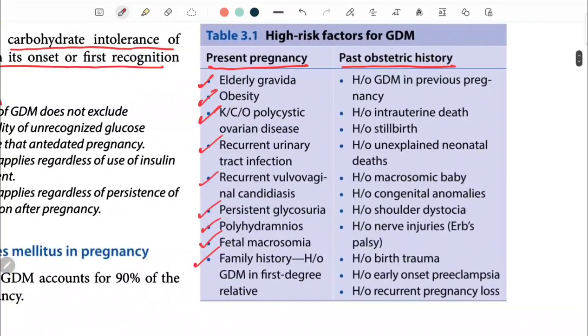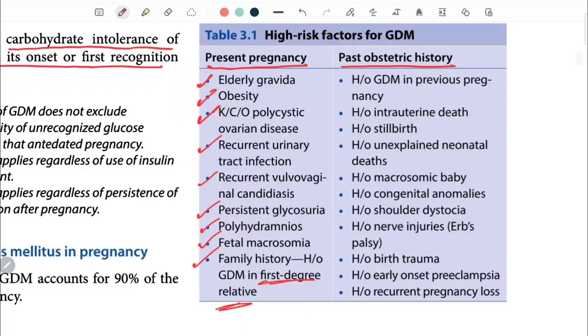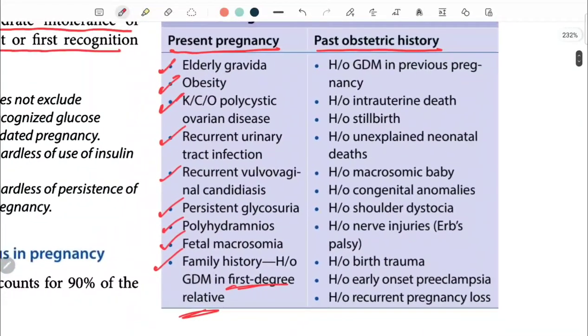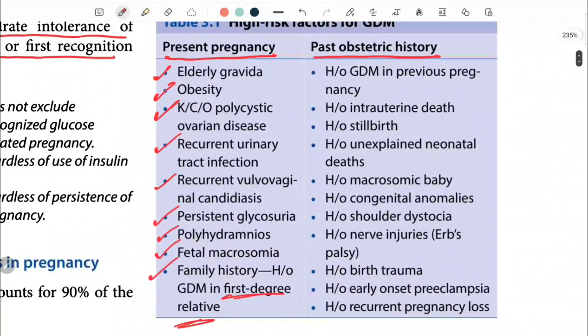So the high risk factors for GDM in present pregnancy are elderly gravida, obesity, known case of polycystic ovarian disease, recurrent UTI, recurrent vulvovaginal candidiasis, persistent glycosuria, polyhydramnios, fetal macrosomia, and family history of GDM in a first degree relative.